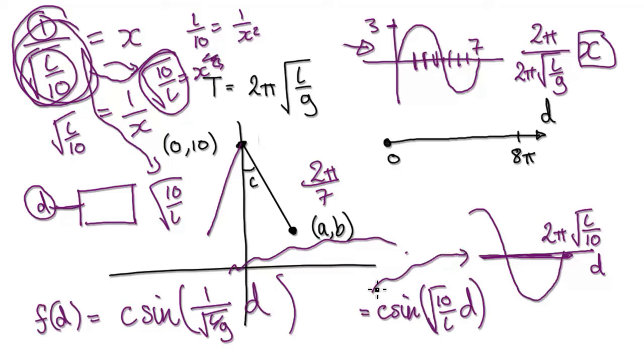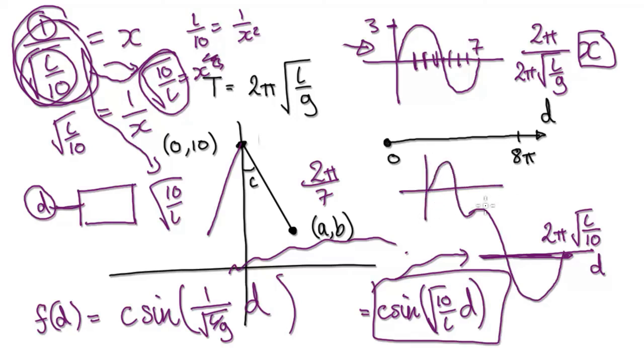So by punching this into Desmos, we are going to create this function where it will oscillate between C and negative C, and the time it takes to do one oscillation would be 2 pi root L over G. Okay, so we now need to punch this into Desmos. So I will continue in the next video.